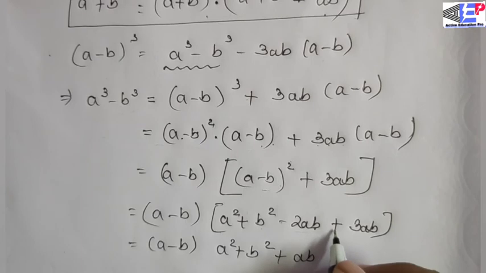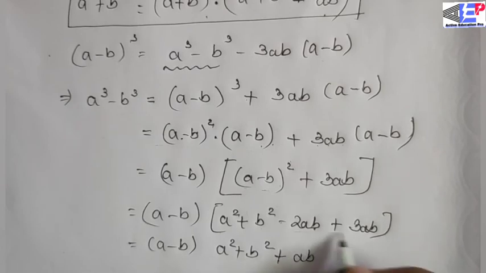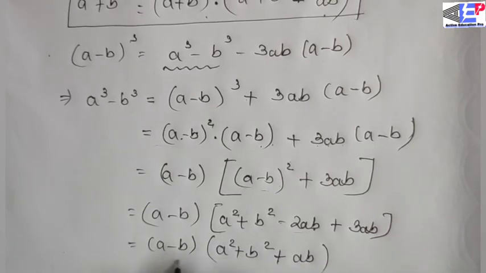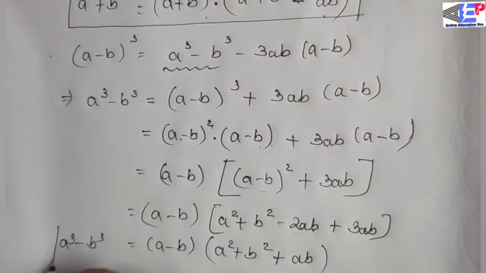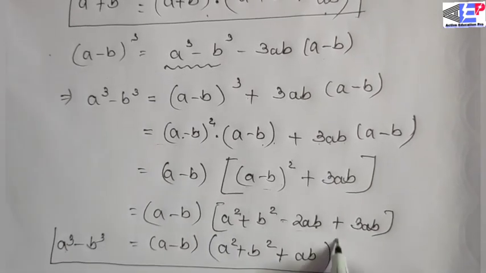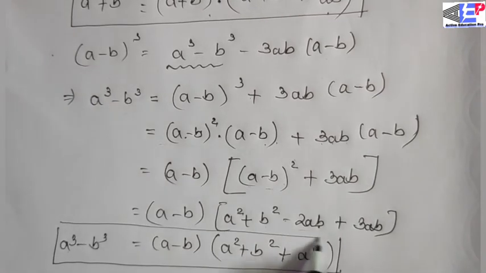Put the sign of the greater numeric, which is 3 and the sign is positive, and since the signs are opposite, subtract the numerics. 3 minus 2 is 1, and write the variable ab. It is your answer for a cube minus b cube, and it is also the factorial formula of a cube minus b cube.